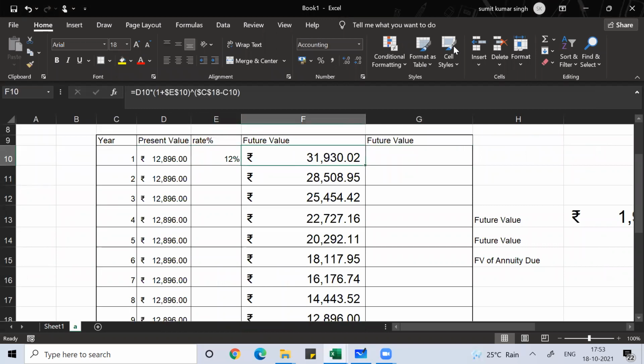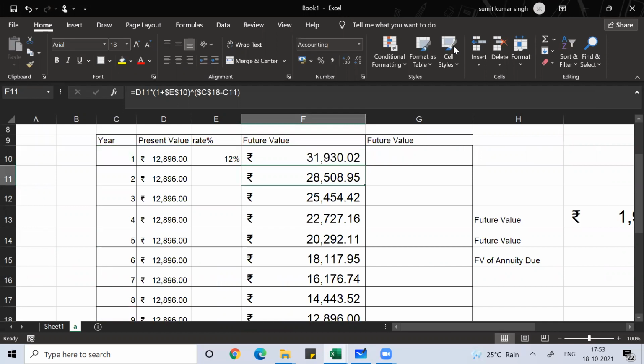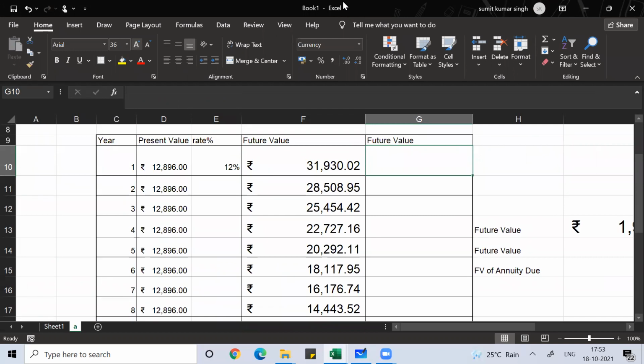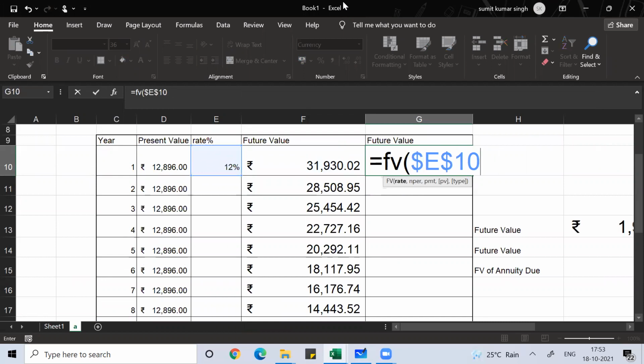So the same future value which you calculated by using a mathematical formula, you can do the same thing by using the FV function. So you can write equal to FV, bracket open, rate would be 12%, fix the cell F4, comma, NPER. Okay, sorry, NPER is the time period.